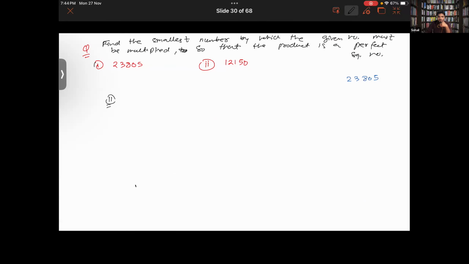Where is the question? Second number question. Okay, 12,150. First, you will do its prime factorization, then you will be continuing.